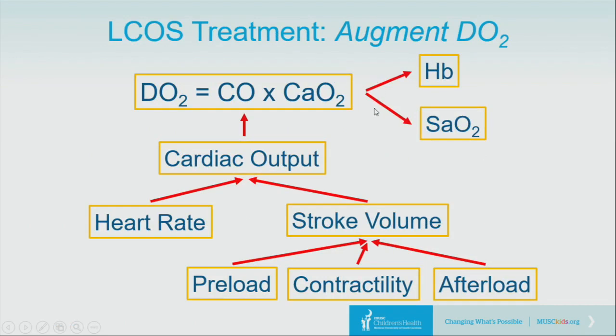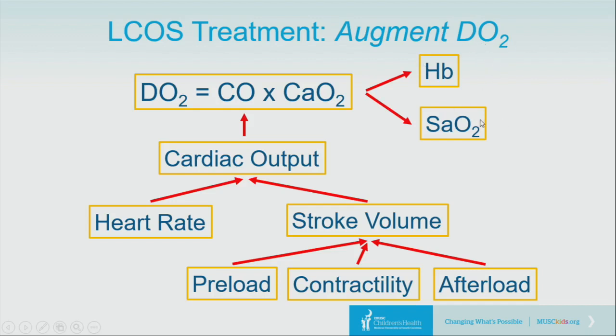So when thinking about oxygen delivery, the first thing you want to think about is your arterial oxygen content, and probably the 2 biggest factors that are going to influence that are your hemoglobin levels. There's not an absolute hemoglobin of 10, for example, in patients with 2 ventricles, or 15 in patients with single ventricles that we go by, but you look at the hemoglobin level relative to the patient's current physiologic state as far as a threshold for transfusions.